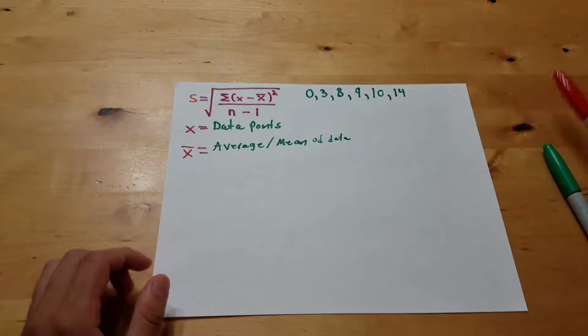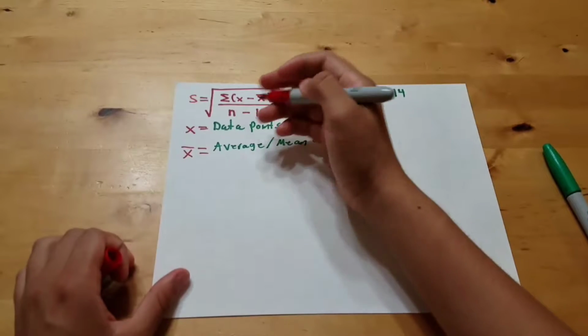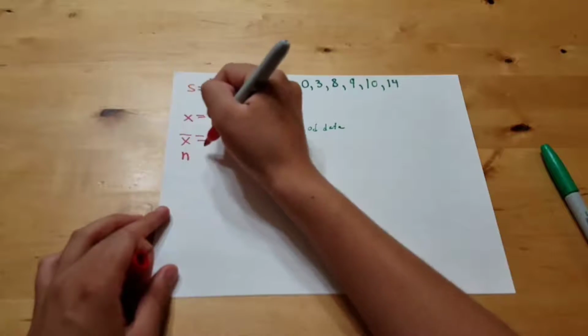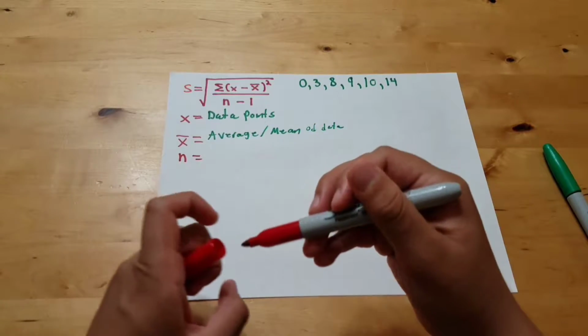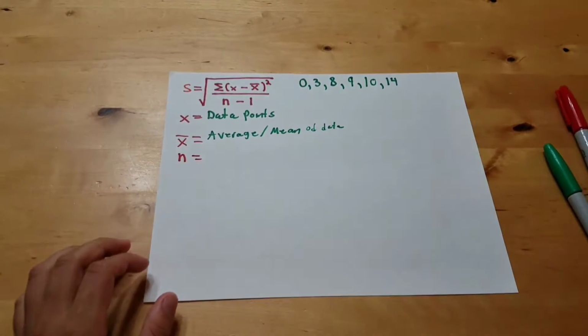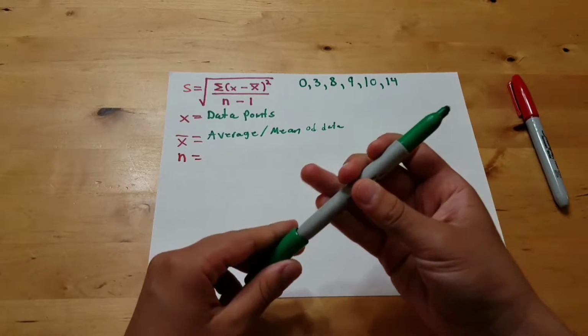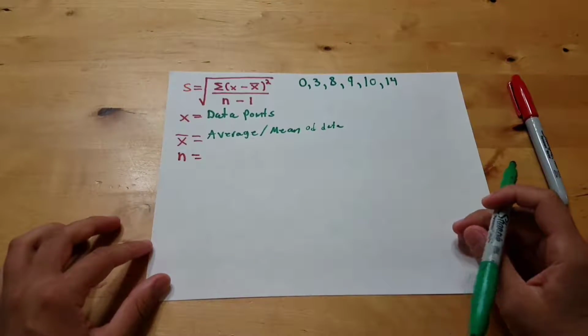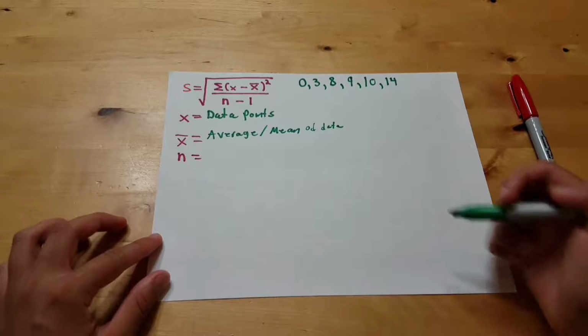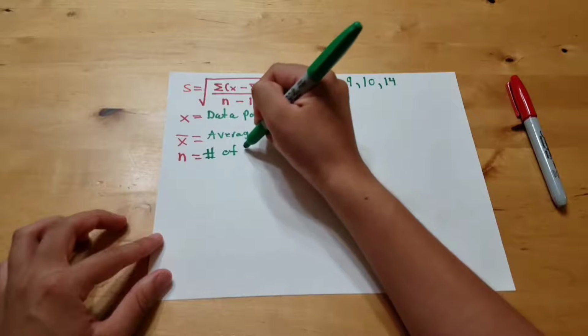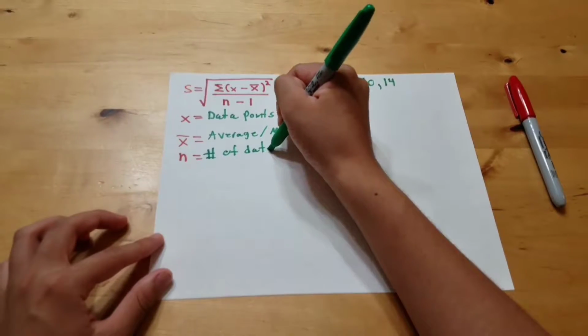And now the N that's down here, sorry for my really bad handwriting, but hopefully you can understand it. The N means the number of data points.